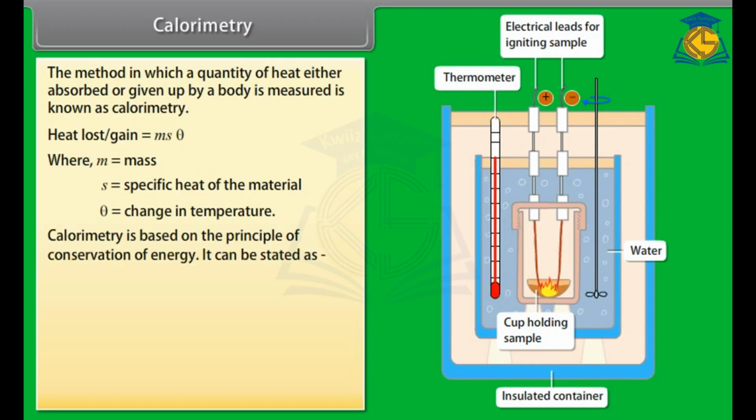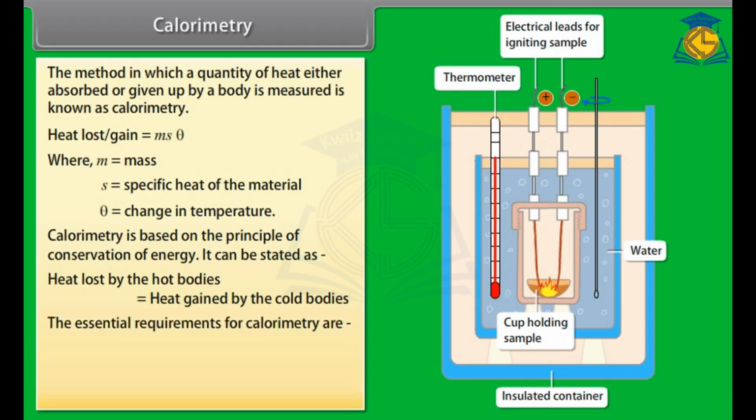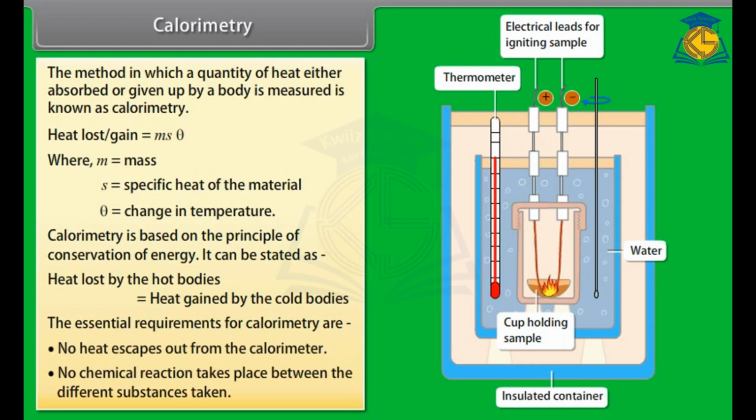Calorimetry is based on the principle of conservation of energy. It states that heat lost by the hot bodies is equal to heat gained by the cold bodies. The essential requirements for calorimetry are: no heat escapes out from the calorimeter, and no chemical reactions take place between the different substances taken.